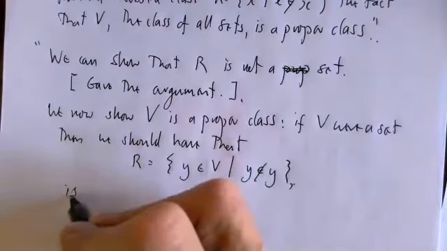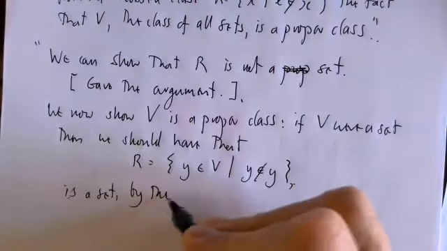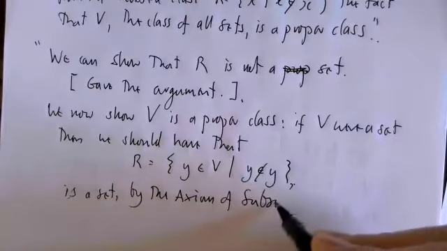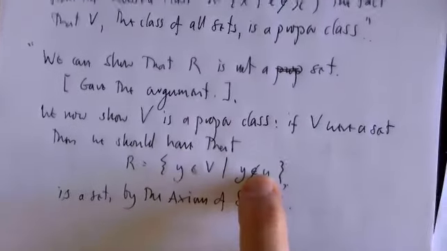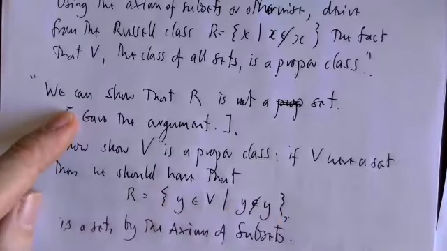We should have that this is a set by the axiom of subsets, which you've just been asked to write down. But this contradicts the argument that would have just been given here.